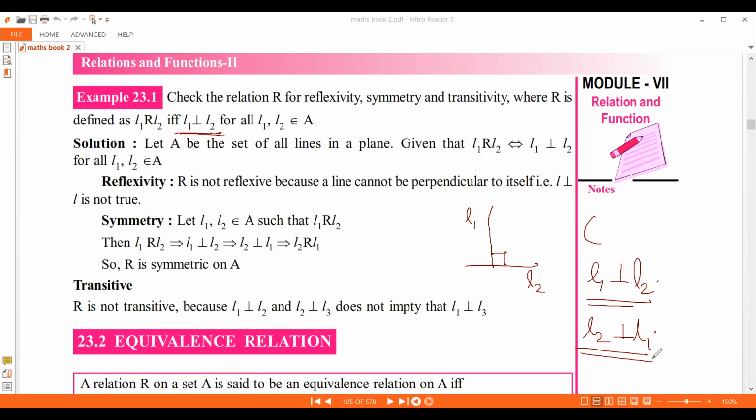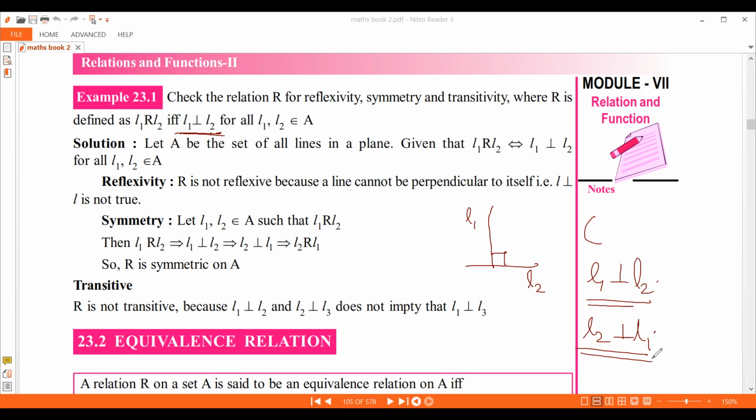Yes, you can. So what does this mean? L1 is perpendicular to L2, L2 is perpendicular to L1. It is symmetric.